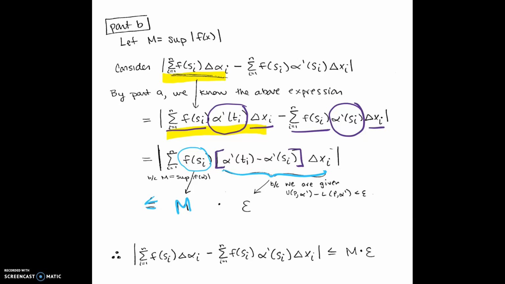So that's basically what this is right here. So this has to be less than epsilon, and we can replace this with epsilon. That proves what we're trying to prove. Our big long expression must be less than or equal to M times epsilon.